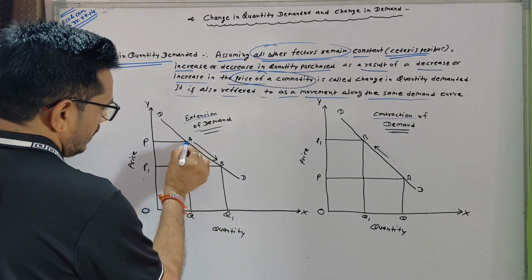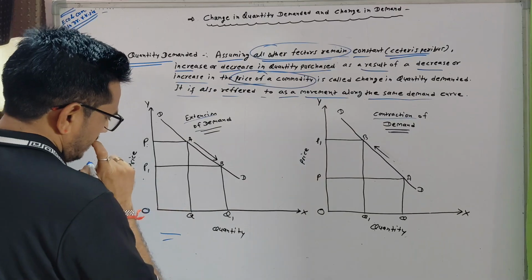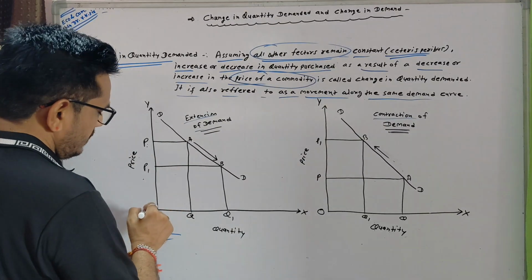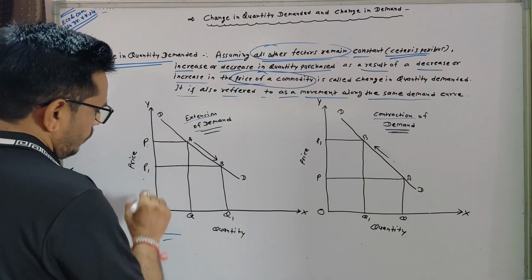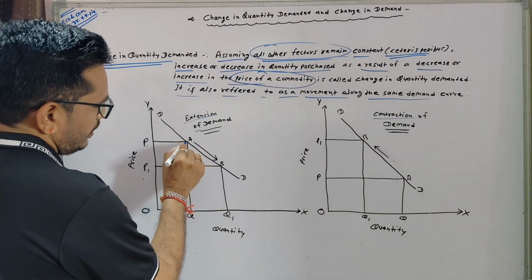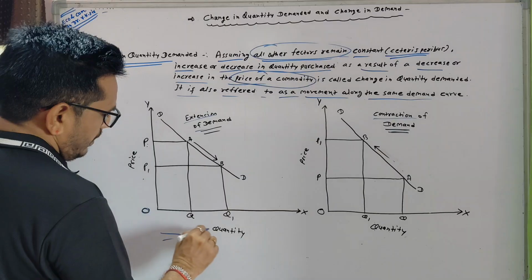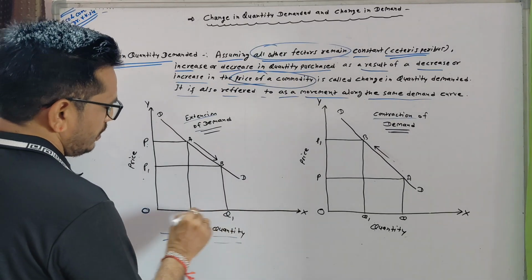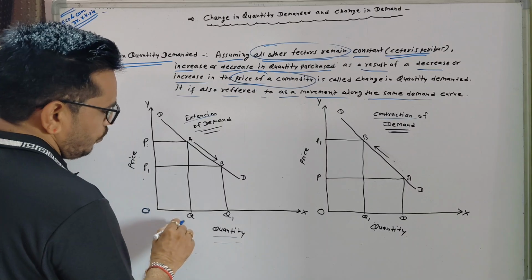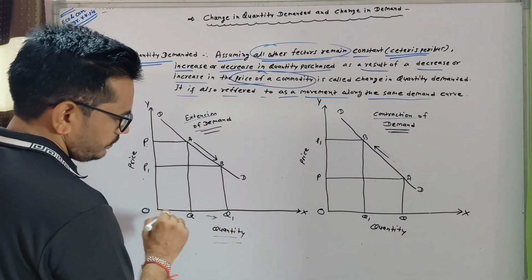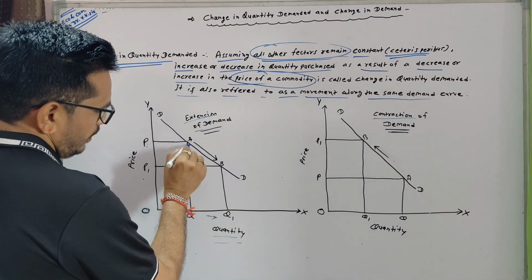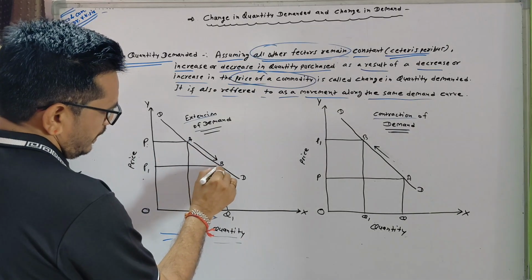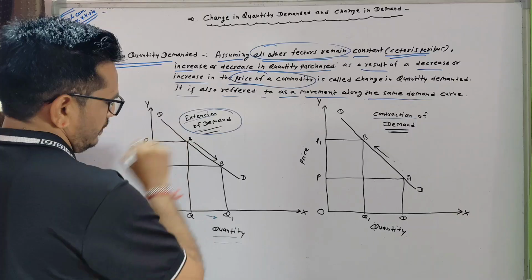If price decreases from OP to OP1, then quantity purchased will increase from OQ to OQ1. The point moves from A to B. That is extension of demand.